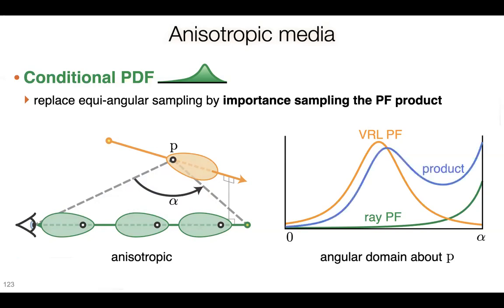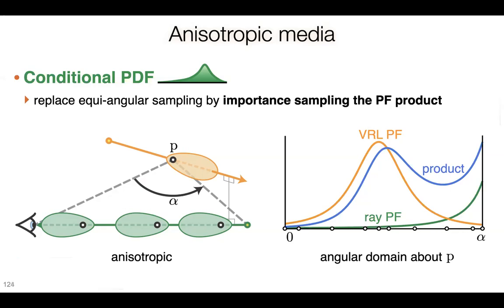It would be more efficient to actually importance sample the product here. But this could be really challenging to compute, and it could be not efficient. So what they did is generate just 10 samples to approximate this product well.